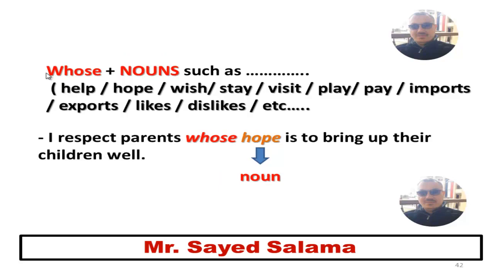Another example, I respect parents whose hope، أنا بحترم الآباء اللي أملهم is to bring up their children well. أملهم في الحياة، أمنيتهم في الحياة تربية أولادهم صح. Whose hope أملهم في الحياة.